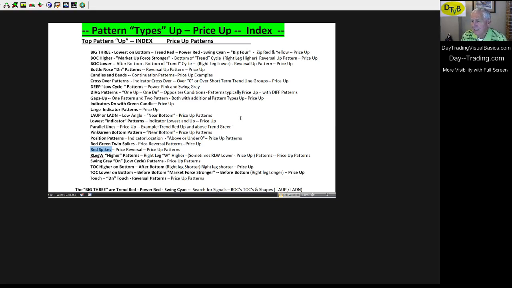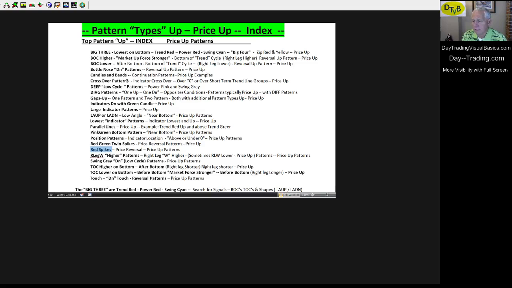There's different styles, or how do I say this? There's obviously different types, but when I think of it, there's a whole bunch of patterns here that define an up pattern or a price up next day.